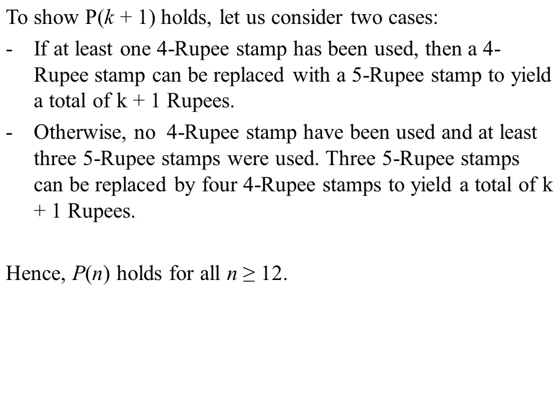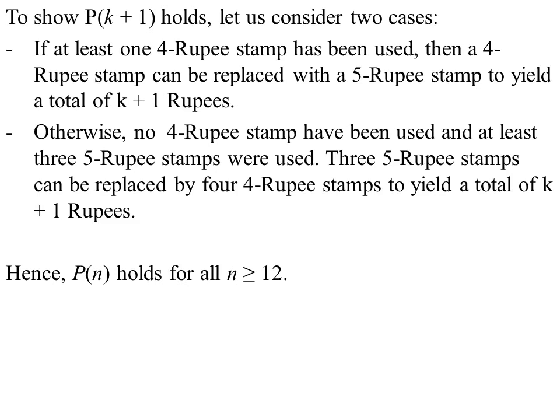In the second case, where we are not having any 4 rupee stamp in K, we have to replace three 5 rupee stamps with four 4 rupee stamps to yield a total of k plus 1 rupees.